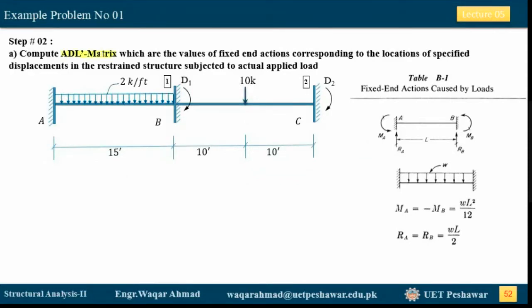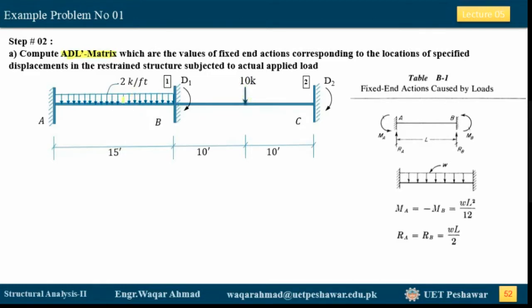Now, we need to find the values of the AR matrix, and there are some changes in finding the values of the AR matrix in this problem, because we know that we have a total of 3 types of loadings applied here. The first type of loading is this 2 kip per foot uniformly distributed load and this 10 kip point load.